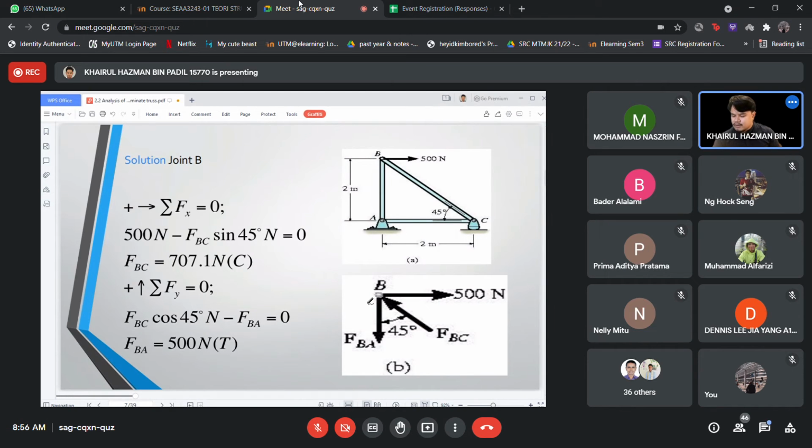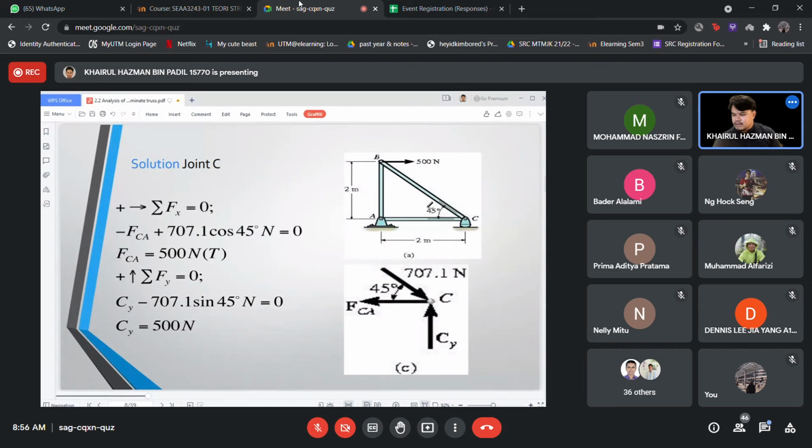Here, I already provide the solution for each joint. So we need to do the first joint and then the second joint and third joint one by one, and then you can complete the analysis. Okay, this is for joint C. So what will the reaction be? We have a 45 degree angle, and then we have the axial force here, and then the reaction here, and then the other force here.